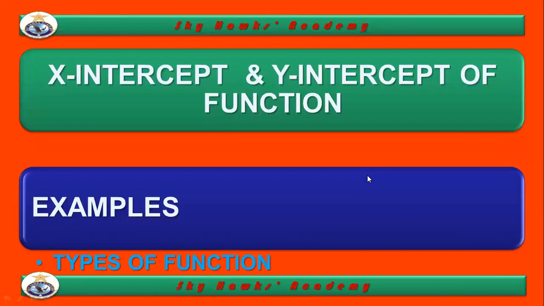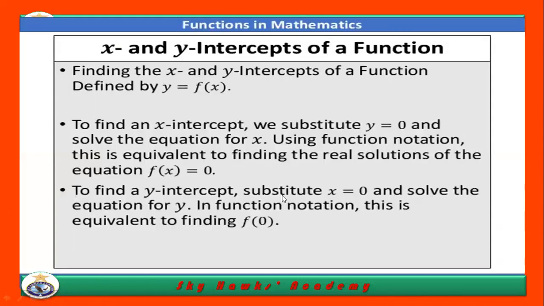The next part is the x-intercept and y-intercept of the function. When we have a function, the parabolic lines definitely intercept the axes, so we will have to check their points of interception with the x-axis as well as the y-axis. So, x and y intercepts of a function: finding the x and y intercept of a function defined by y equals f(x).